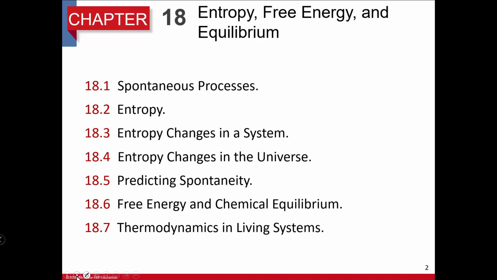So there are two components that help us determine whether a reaction is spontaneous or not, and that is heat, delta H, enthalpy, that we've talked about in chapter 5 in Chem 170, Gen Chem 1. And then we're going to bring in the other component, which is entropy. Entropy is a fancy word for disorder. So the higher the entropy, the more disorder. So that's what we're going to be looking at in this chapter.